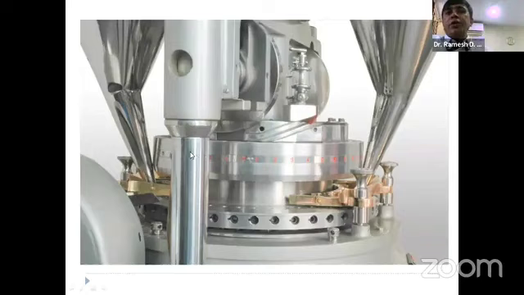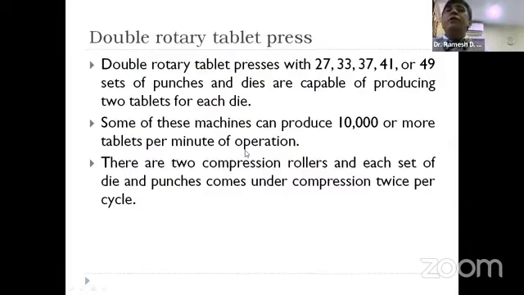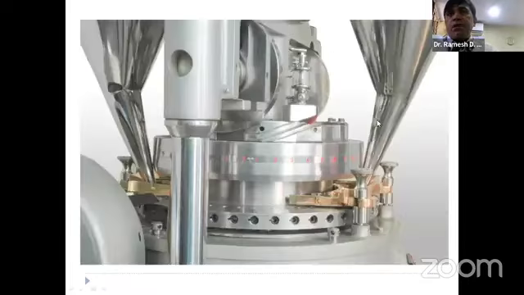This is a double rotary tablet machine. Now, if you look at the double rotary tablet machine and the rotary tablet machine, the rotary tablet machines have an even number of punches: 10 stations, 16 stations, 24 stations, etc. While double rotary tablet machines will always have an odd number of punches: 27, 33, 37, 41 or 49. There are two die cavities and two compression rollers.